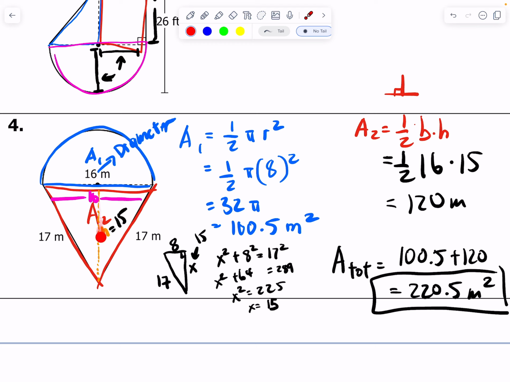This was 8 right here. This was 17 right here. That's the hypotenuse. And I find x with the Pythagorean theorem. Then I found x equals 15. Once I had x equals 15, that means my height was 15. My base was 16. I plugged it in here, simplified, added, final answer.